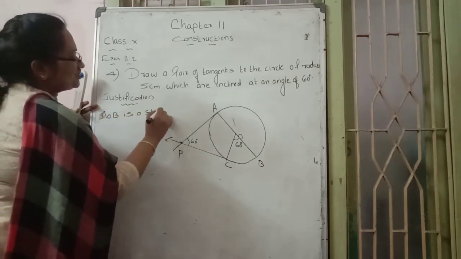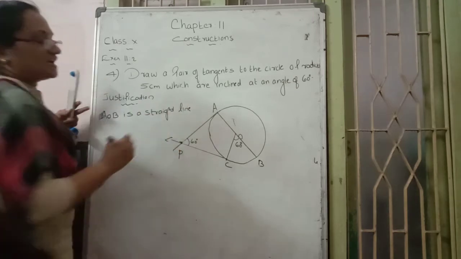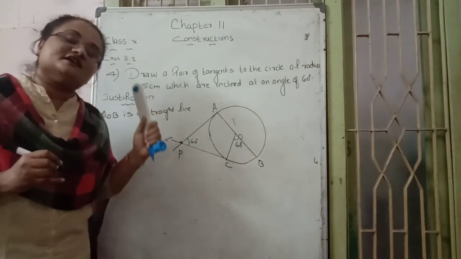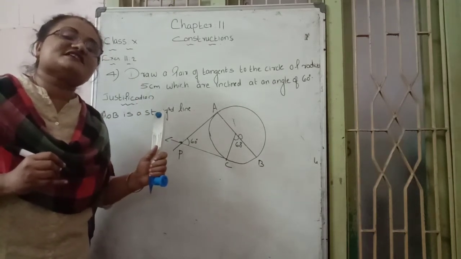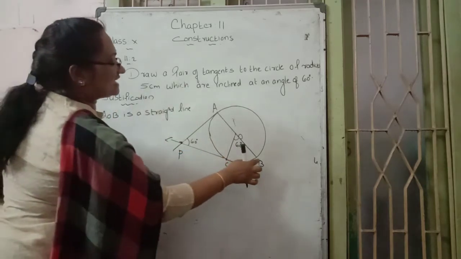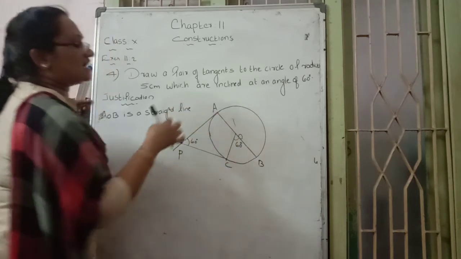We learned the straight line property from last year onwards. The straight line property says the sum of angles becomes how many degrees? 180 degrees. Which are the angles? BOC plus COA comes to be how much?